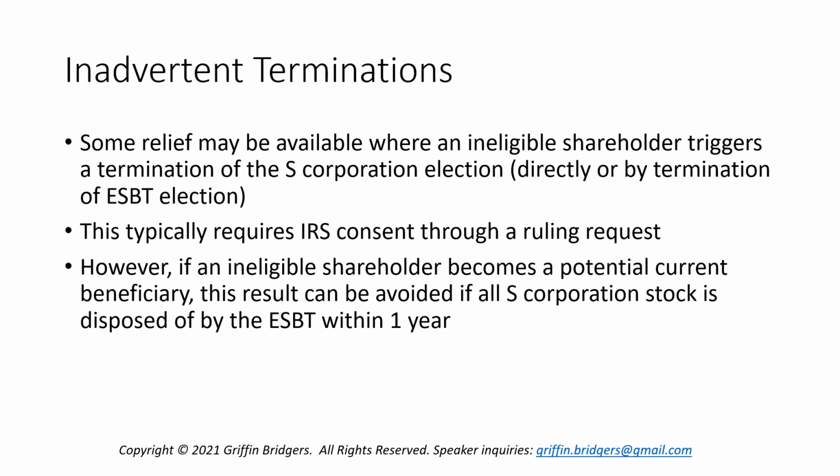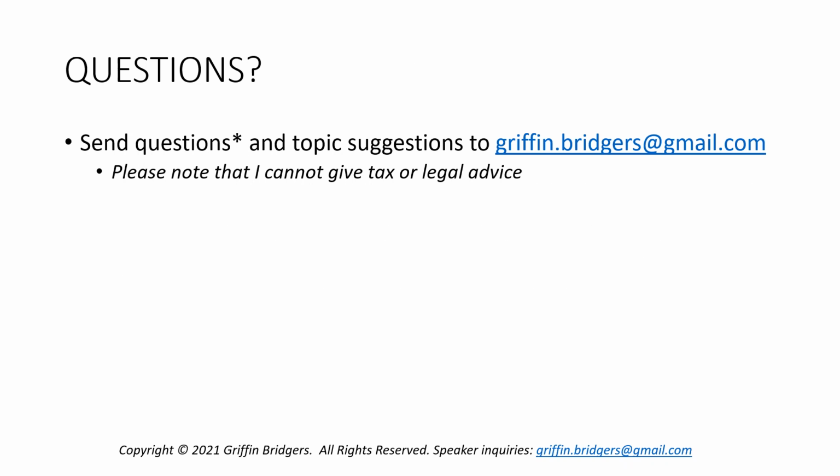So this at least gives you a runway to be conscious of that within the S corporation and the ESBT itself. So there's lots of depth to several of these subtopics we've looked at. Many of them, as I've mentioned, could warrant their own separate discussion. But I hope this gave you a good overview of the ESBT Trust and what goes into it.